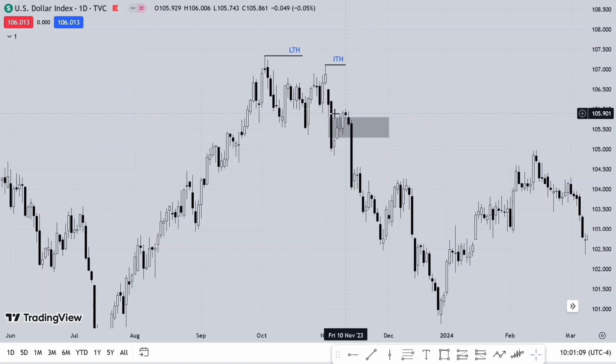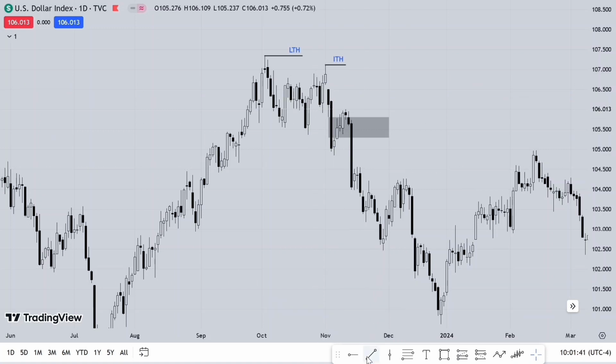So in your mind's eye, you leave an allowance for price to come inside of this fair value gap here, but not above this order block. This right here, these two up close candles, is the bullish order block.